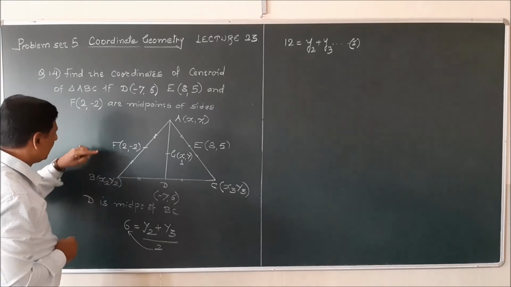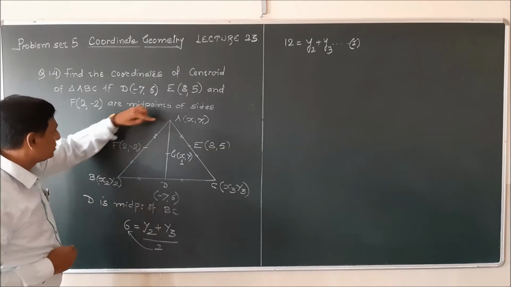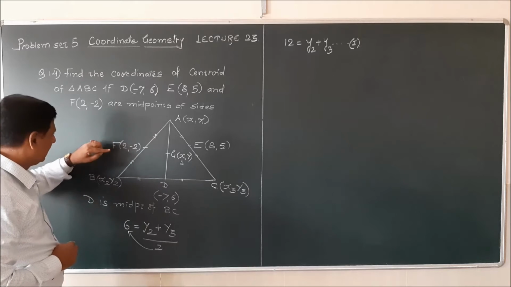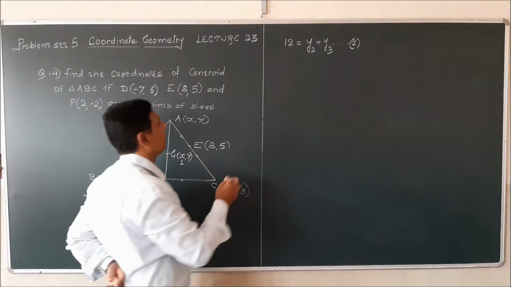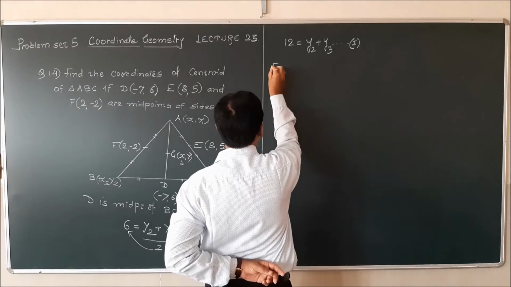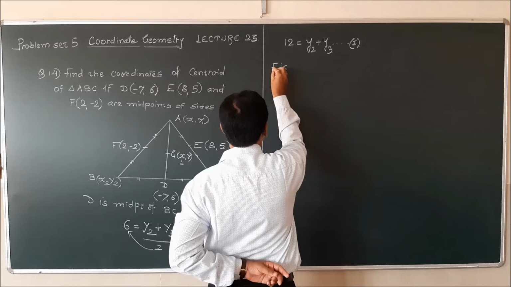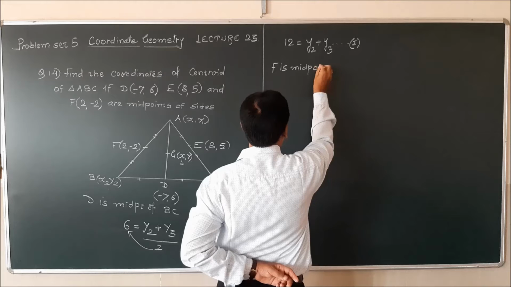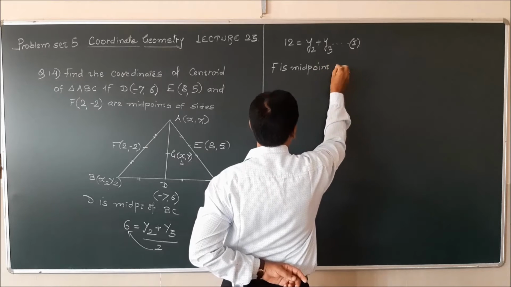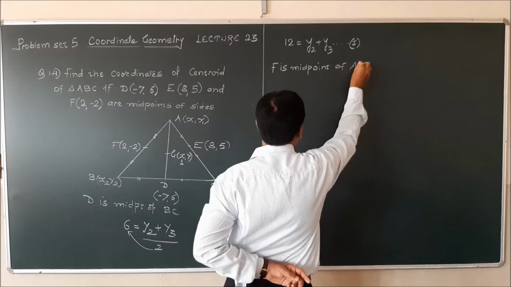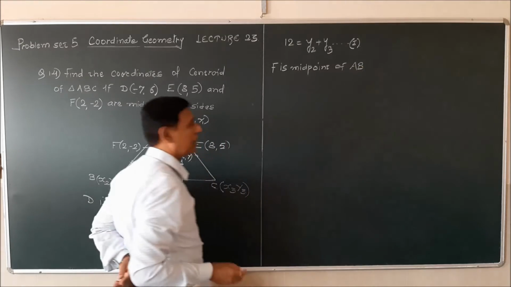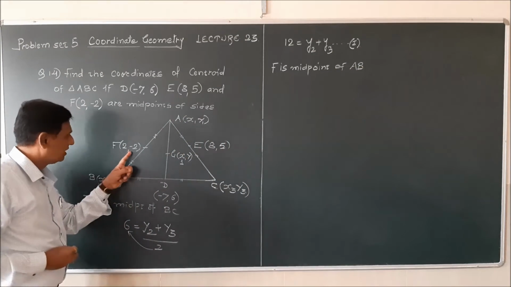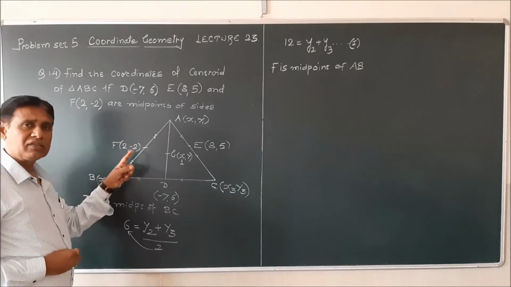Now let's see. F is the midpoint of E. What is the y coordinate over here for F? The y coordinate is -2.